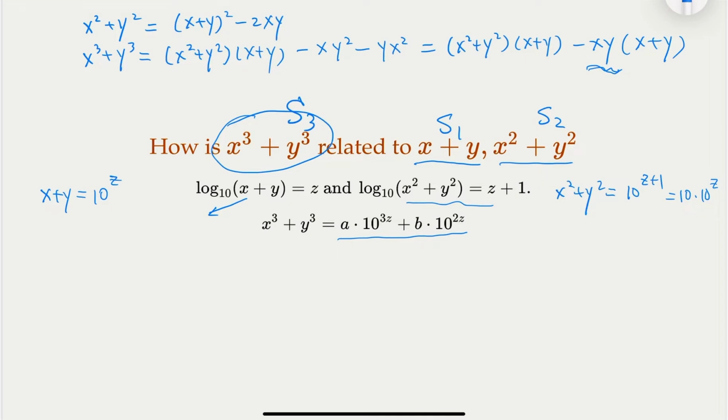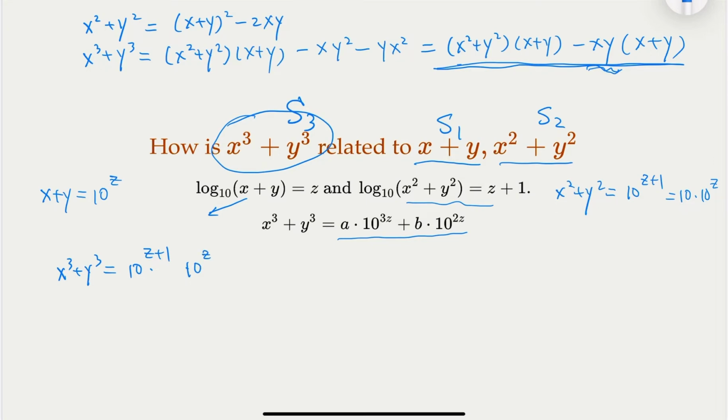So if you plug in what we know from the given two equations into the x cubed plus y cubed expression on top, the first term is x squared plus y squared, which is equal to 10 to the z plus 1 power, and then times x plus y, which is given as 10 to the z power.